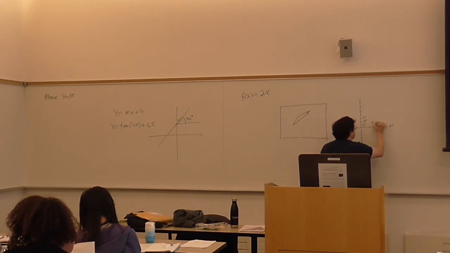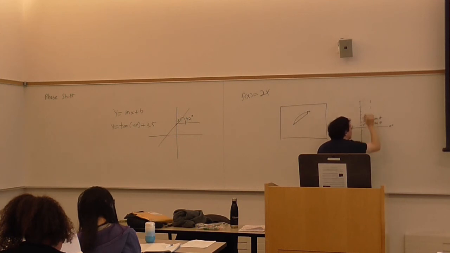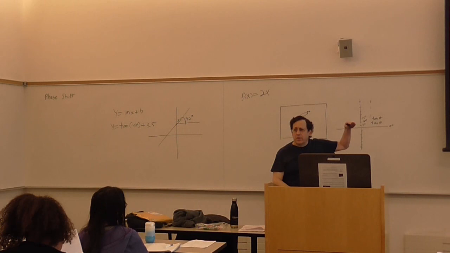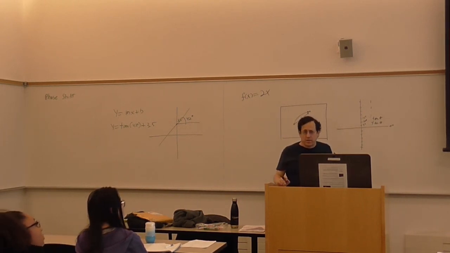We put them at the tangent of this angle. So what happens is, if you think about it, where would tangent of 90 degrees be? Be off in infinity. That's where the North Pole is.